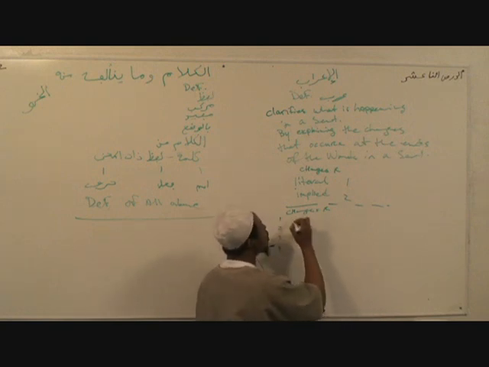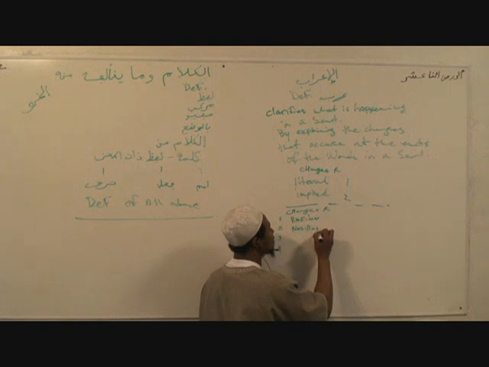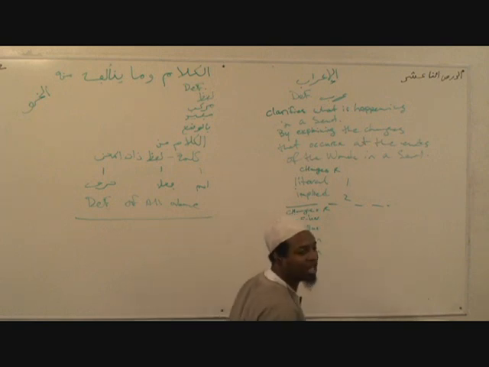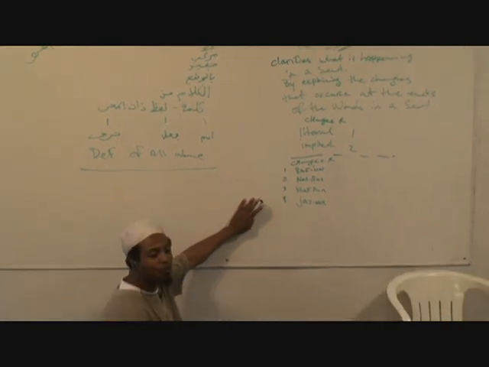The first one is called raf'un. Everybody say raf'un. Say nasbun. Khafdun. And now you say jazmun. Let me explain each one of these. These are the four changes, arba'atun. Okay?